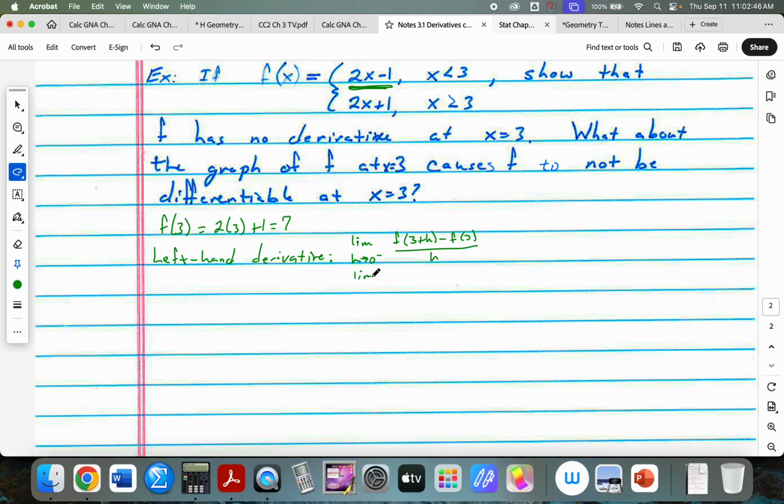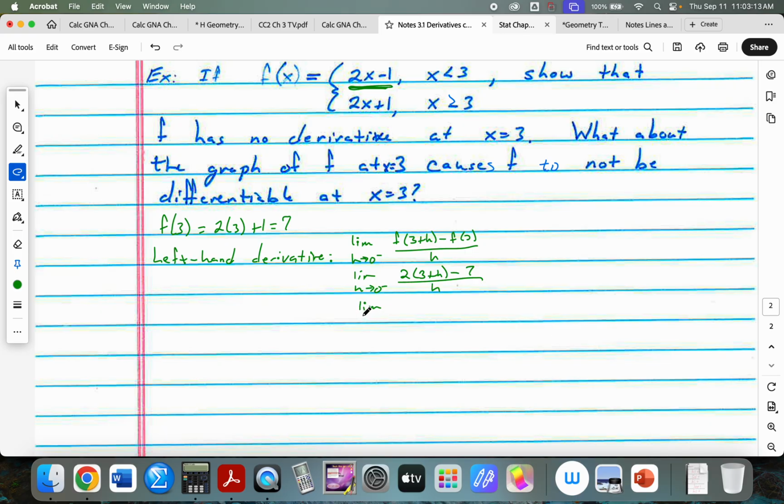So this will be the limit as h goes to 0 from the left of 2 times 3 plus h minus f of 3, which is 7, all over h.